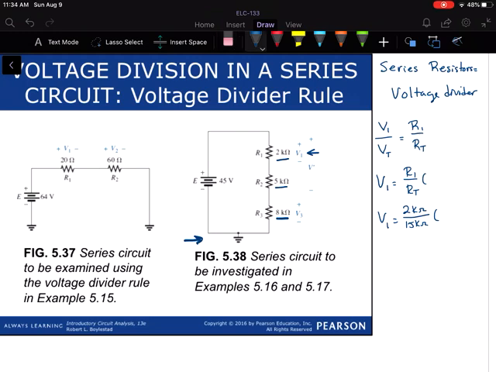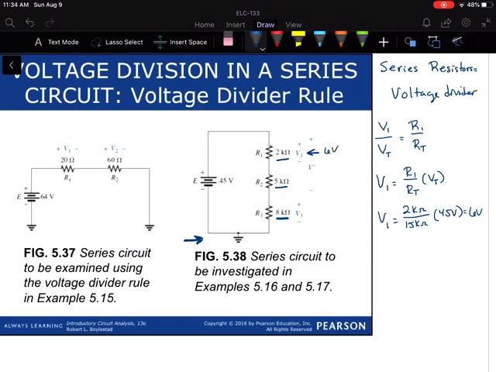When I solved for V1, that should have been VT. So 45 volts. So basically 2/15 of the 45 volts should be the drop V1. And that should be about 6 volts there.